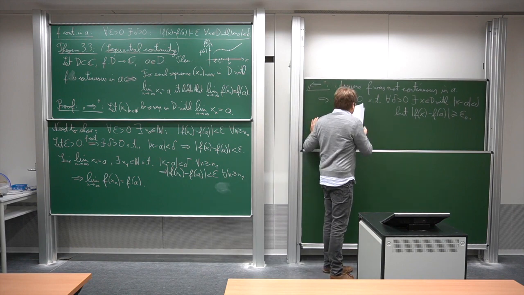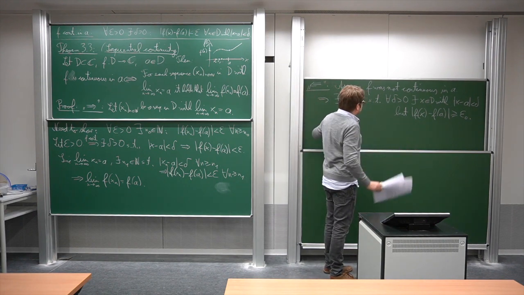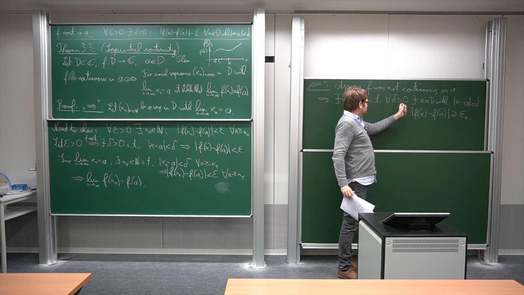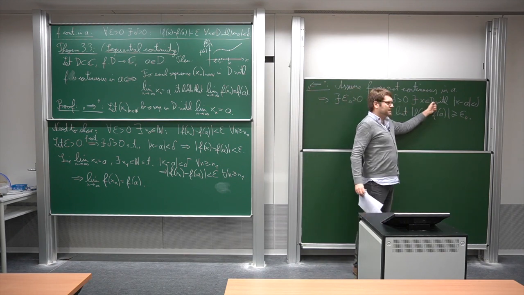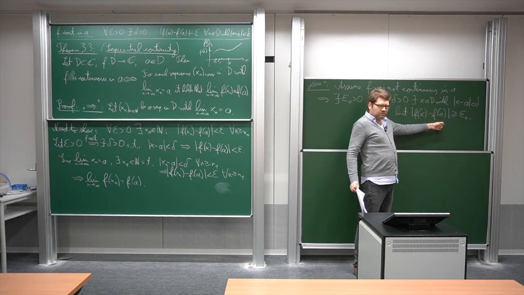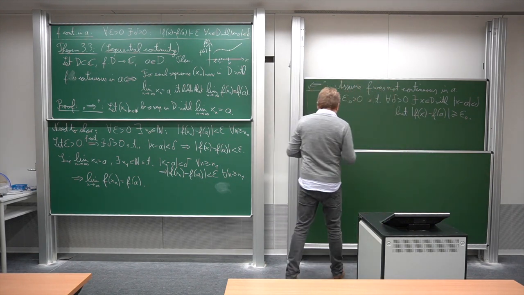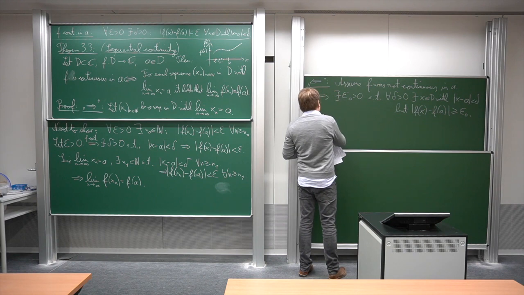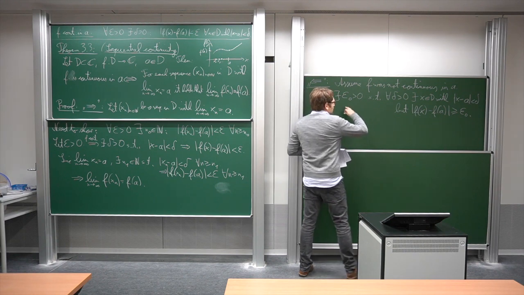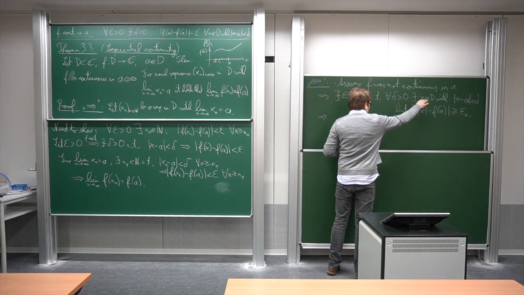So we have some epsilon 0 such that this condition is violated, and violated means for all delta bigger than 0 we can find some bad guy which damages this condition that we actually want to have for continuity. Okay, but this means in particular, so we have this epsilon 0 and we know that for all delta bigger than 0 we can find such an x.